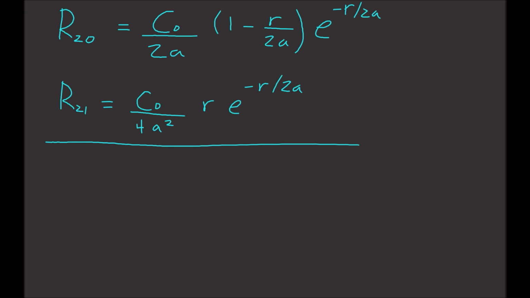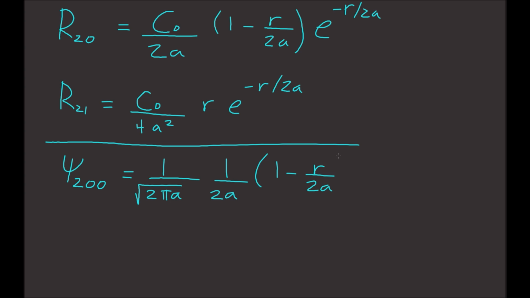If you do the normalization, you should get the first wave function psi 2, 0, 0 equal to 1 divided by square root of 2 pi a times 1 divided by 2a times 1 minus r divided by 2a times e to the minus r divided by 2a. And the second scenario is L equals 1.